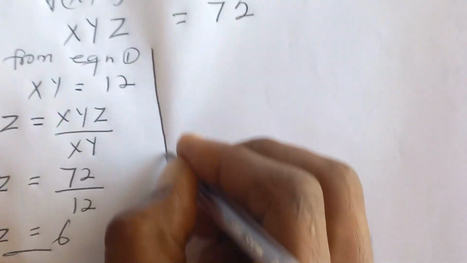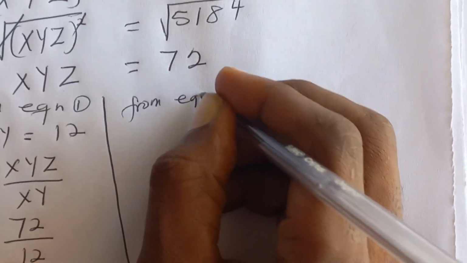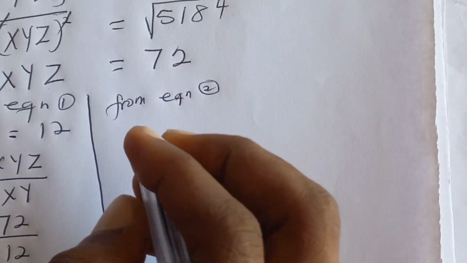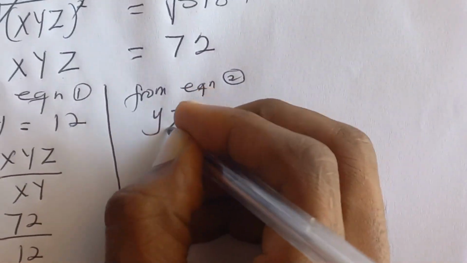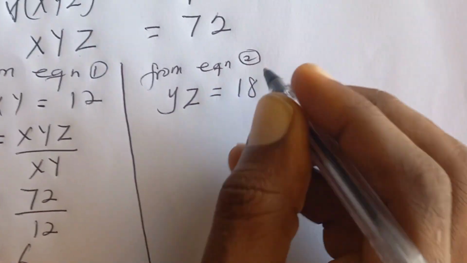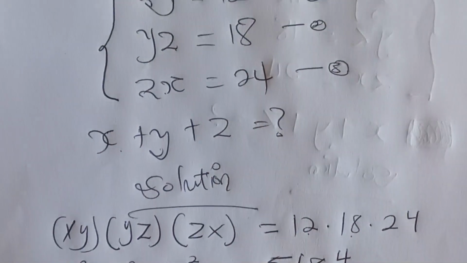Now let's continue from equation 2. From equation 2, we have yz is equal to 18.